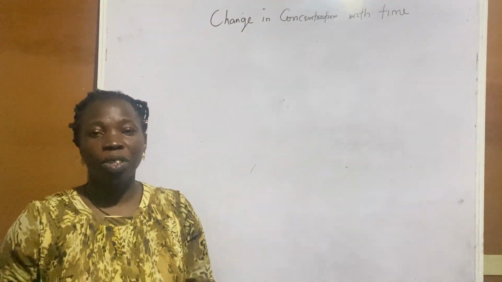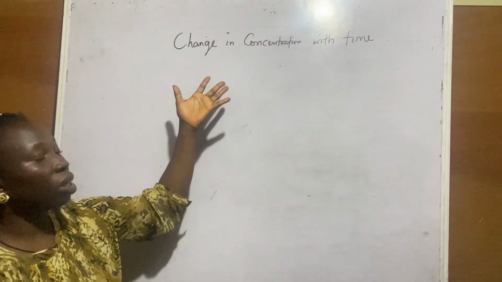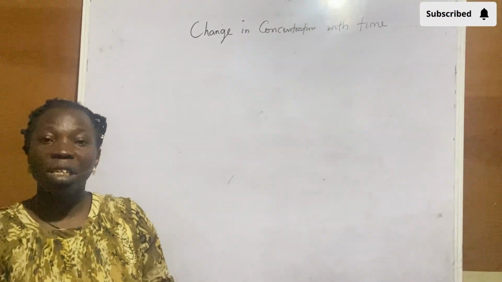In our previous video, we talked about how we can express rate of chemical reaction. Now we already know that in expressing rate of chemical reaction, we have rate of appearance of products and disappearance of reactant. Now we want to discuss the change in concentration with time and how it relates to rate constant.